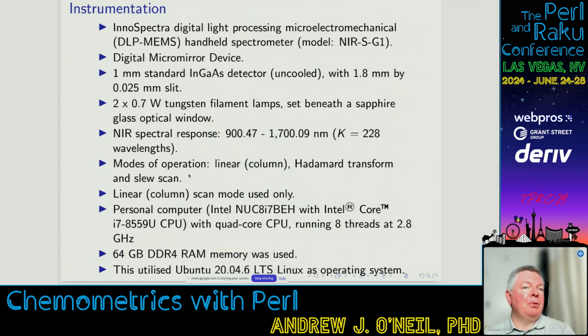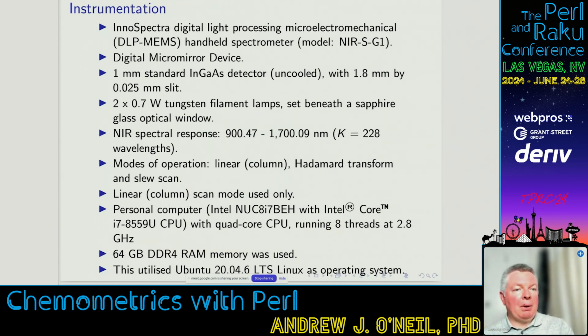As I said, there are different modes that you can run the spectrometer in, in terms of measuring the wavelengths and the energy at each wavelength. So linear, Hadamard, and slew scan, and I've stuck with the linear scan mode.